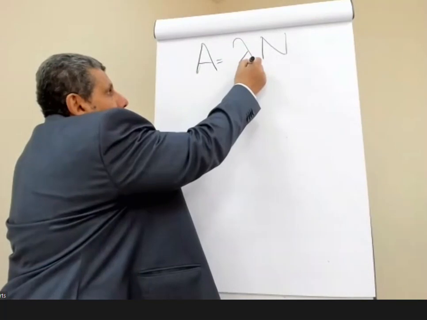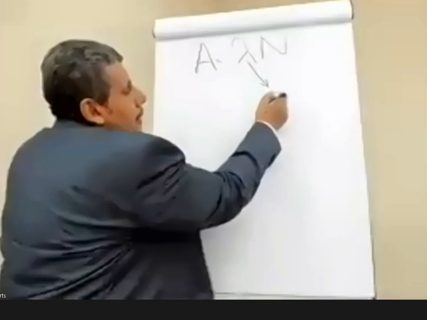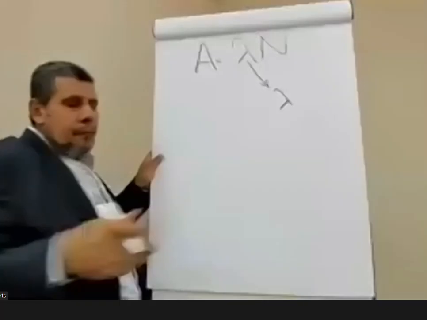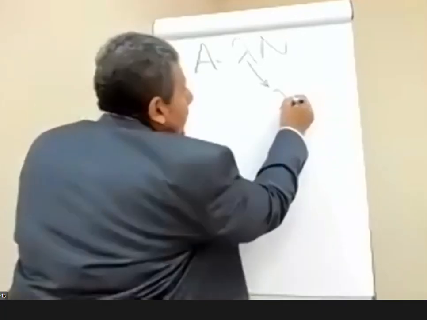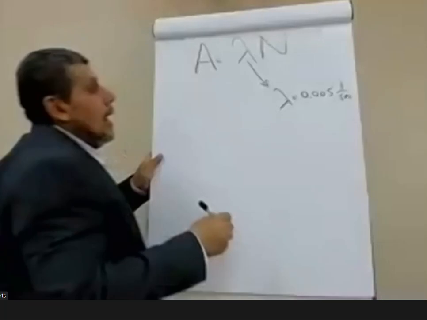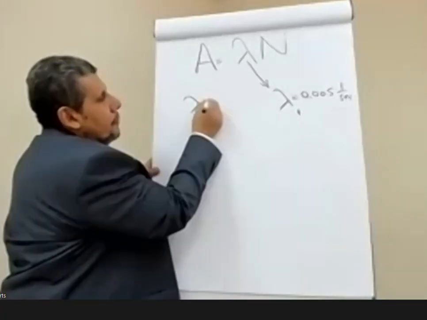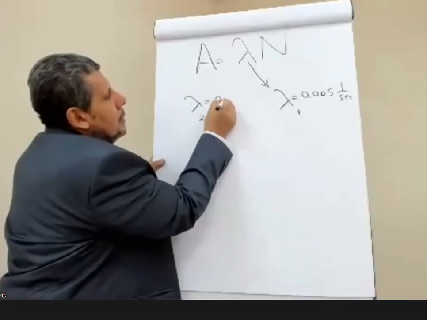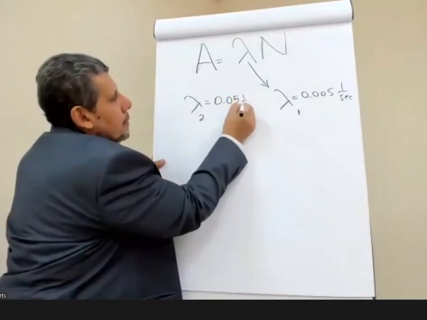This is the decay constant. Assume that I have one source. Let's say source number 1 has lambda 0.005, 1 over second. And another source, number 2, has lambda equal, let's say, 0.05, 1 over second.